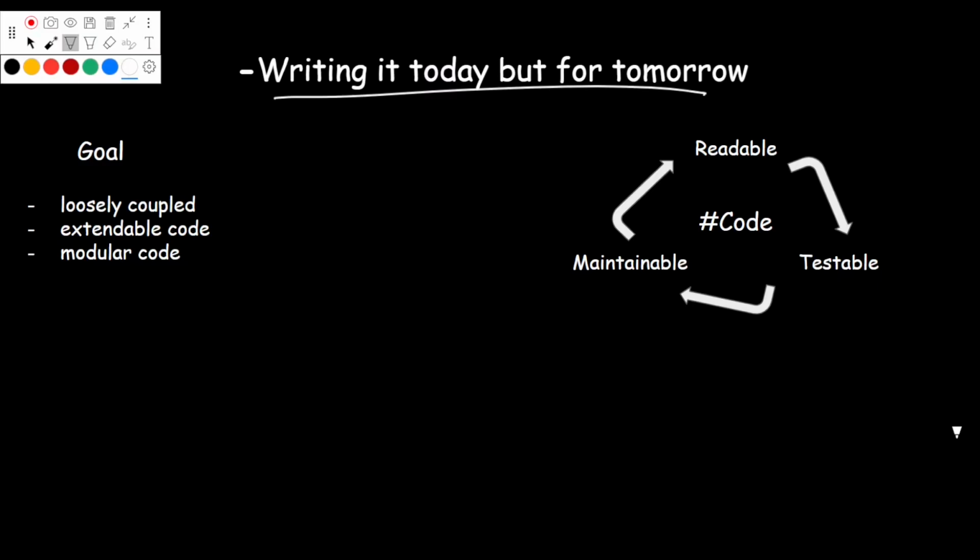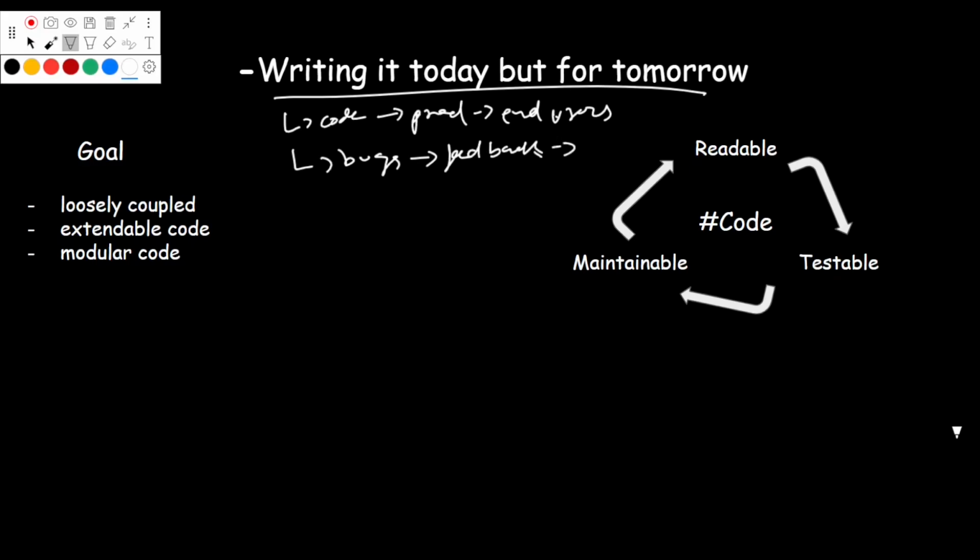Writing it today, but for tomorrow. Okay, so what does that mean? Any piece of code which you are writing today will go into production sometime in future. There will be end users working on that code, so it is very likely it might encounter some bugs, or there will be some feedback from the user, or the user might provide some enhancement to you.